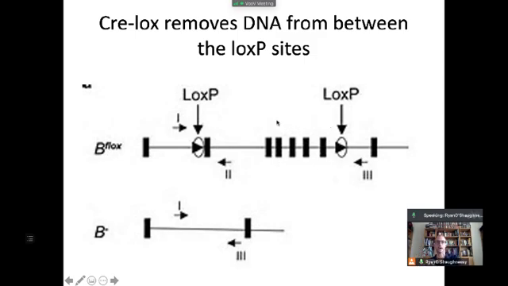And so what happens is the Cre recombinase cuts at these LOX-P sites, removing that piece of DNA from the B gene and then making it a truncated form, which is probably non-functional. So this is what typically happens when Cre-Lox is activated in a cell.